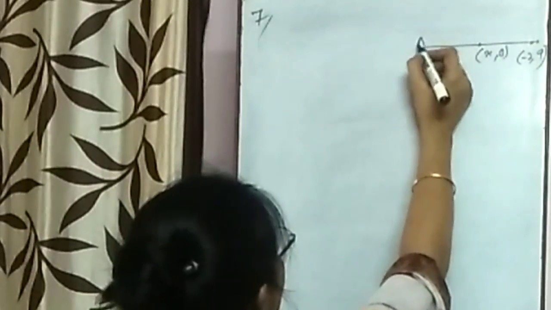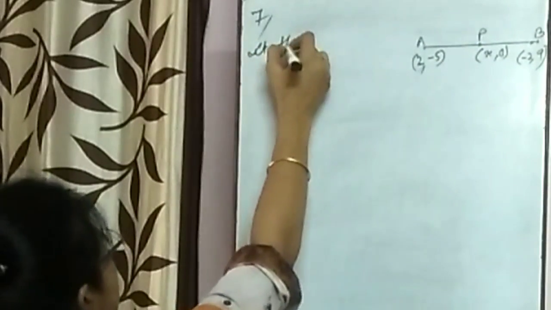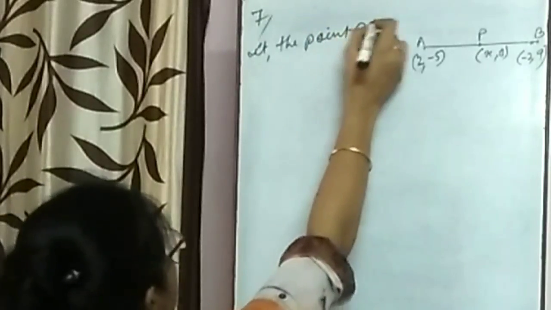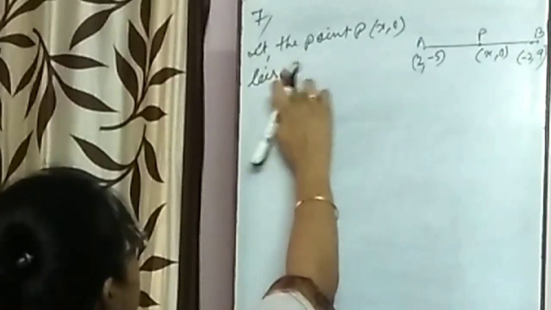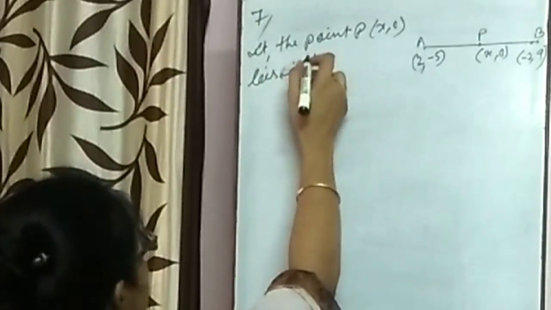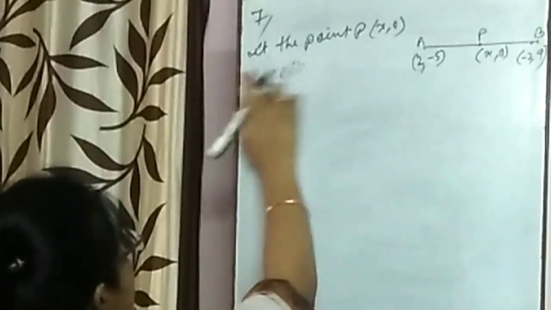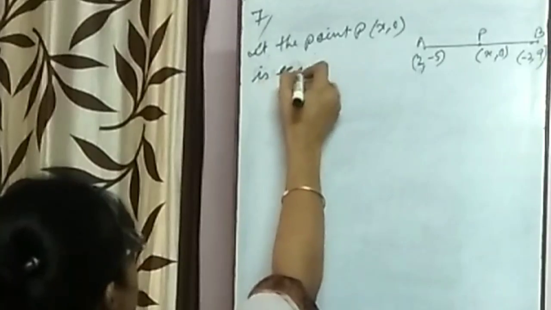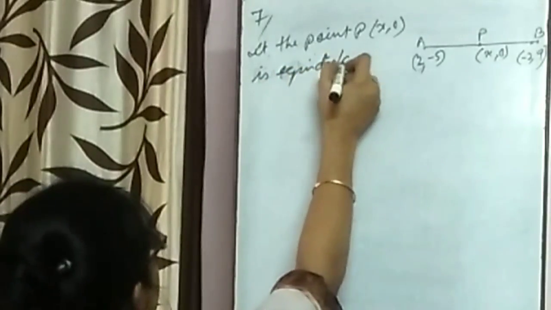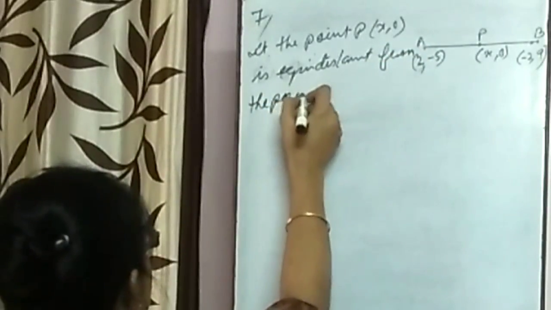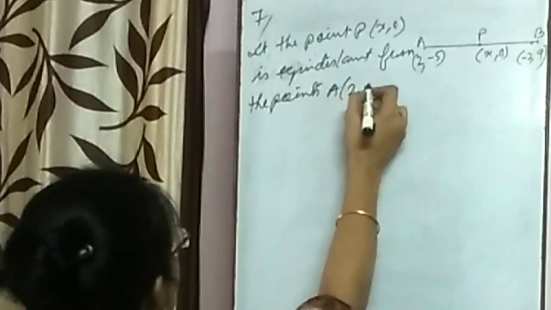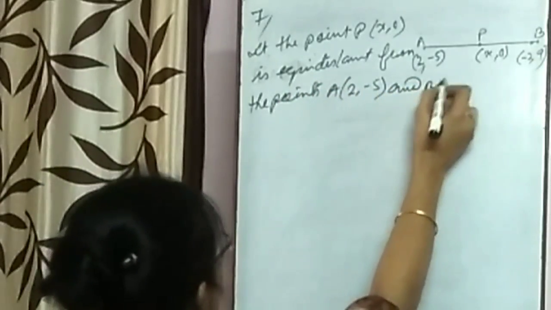So name these 2 points A, B and the point P. Let the point P(x, 0) be equidistant from the points A(2, minus 5) and B(minus 2, 9).